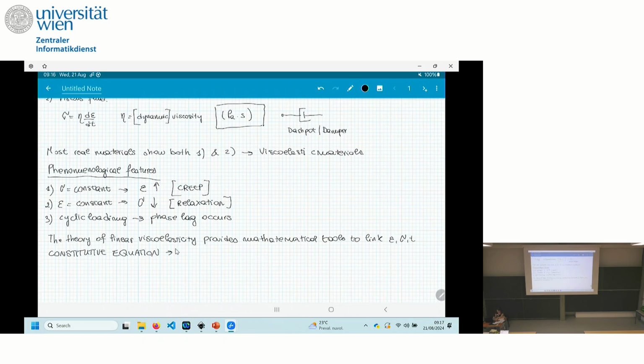So when we talk about constitutive equation, we refer to a unique relationship that can be used for any loading conditions.